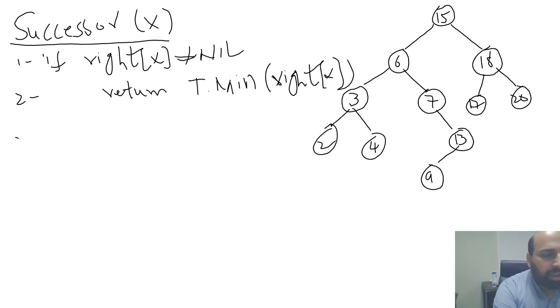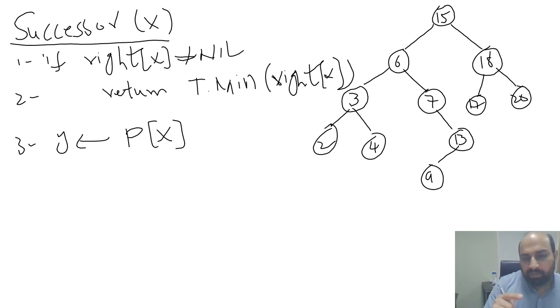Now the second rule, if it does not have a right subtree, it means the condition is false. So for that, I'm going to place the parent of X in y, right? So whatever the X value for which you are interested to find the successor, put the parent of that X in y, and then do some work.